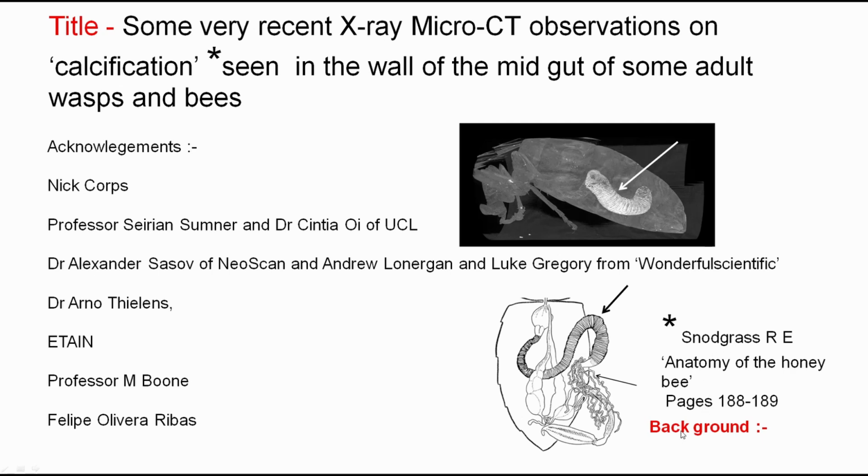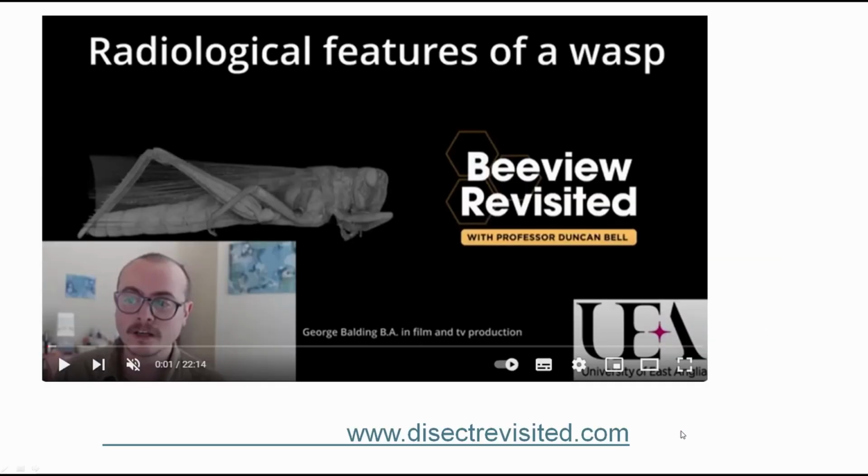So, by way of background, George Balding and I earlier this year produced a video on the radiological features of a vespular wasp. You can get this by going on our website and downloading the video.